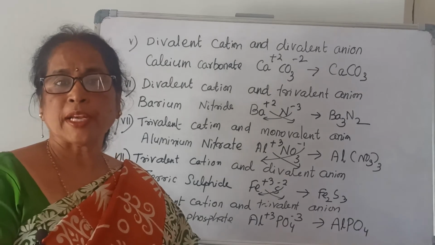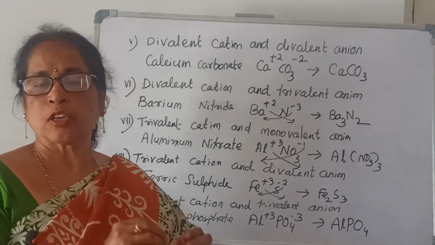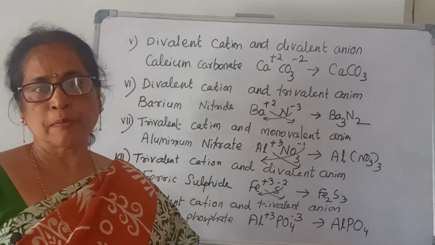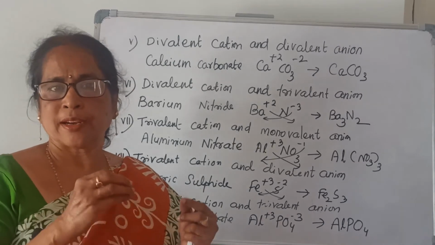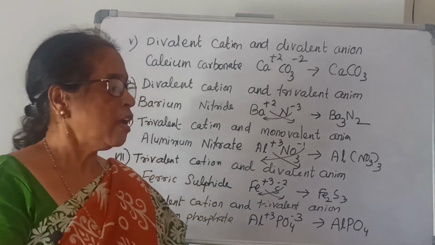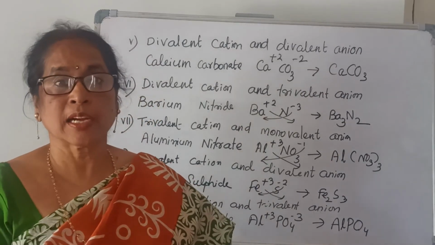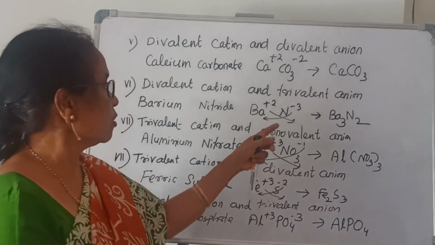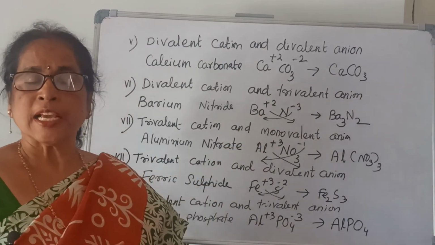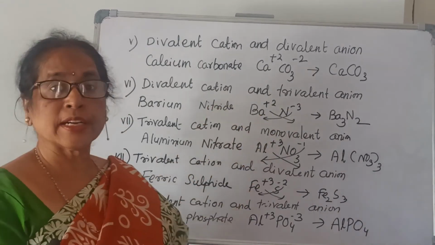So what happened here, each part consists of 3 different type of compounds you can form. You can write the formula correctly. Only you should remember what are the anions, what are the cations, and after that how the cross multiplication takes place for the different anion.